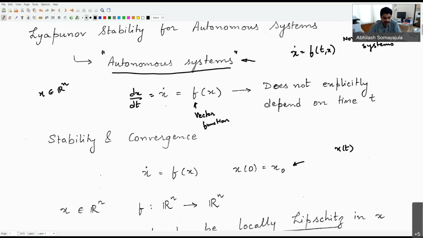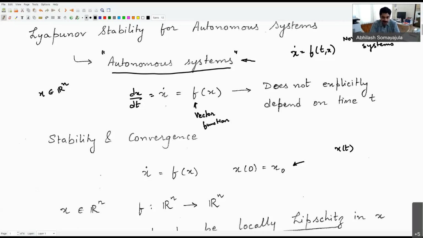Also, even if you try to simulate it from one initial condition and the system does seem to converge to some stable equilibrium point, if you choose a different initial condition, the system may run off. It's possible. So choosing just one initial condition and figuring out the stability of the entire system is not possible.